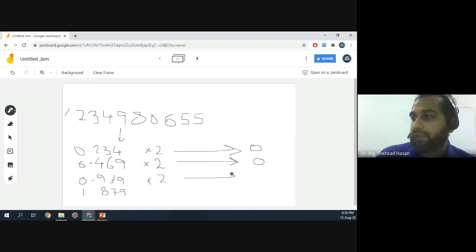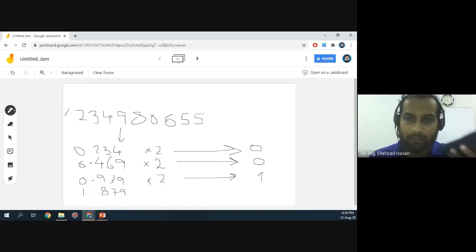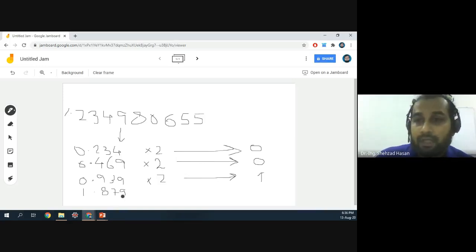Now if it's greater than 1, then you are going to write a 1 over here. But then there is one thing special over here. If you get a number which is greater than 1, how are you going to continue further? We do the same thing: we subtract that 1 and get the fractional part out of it. We just don't multiply the same thing by 2.